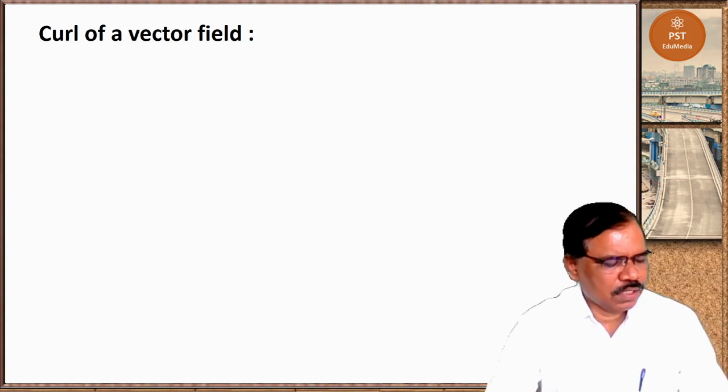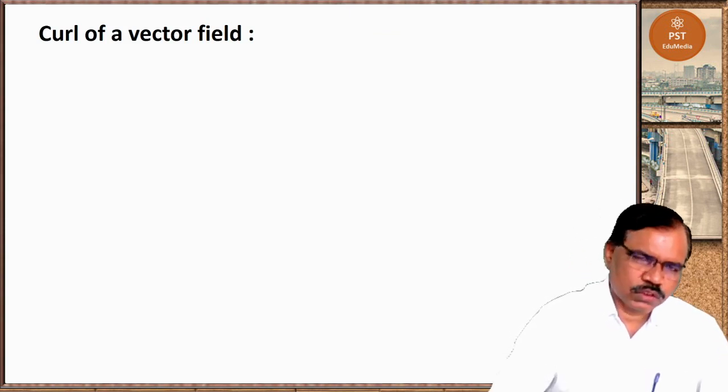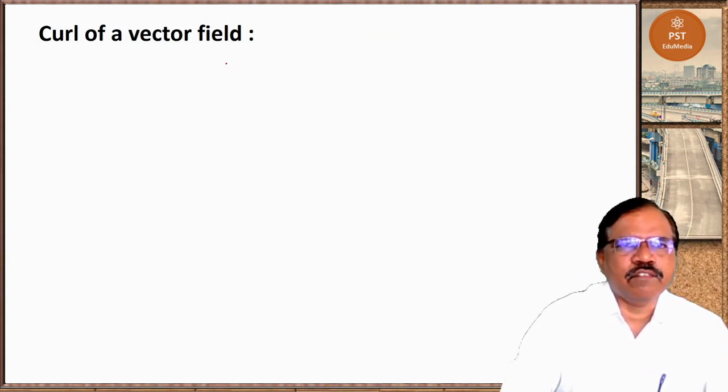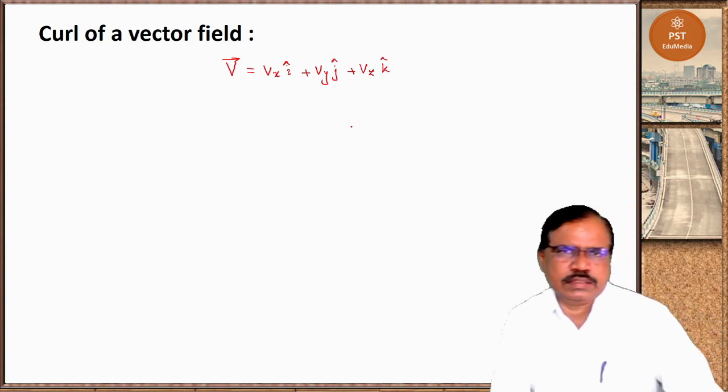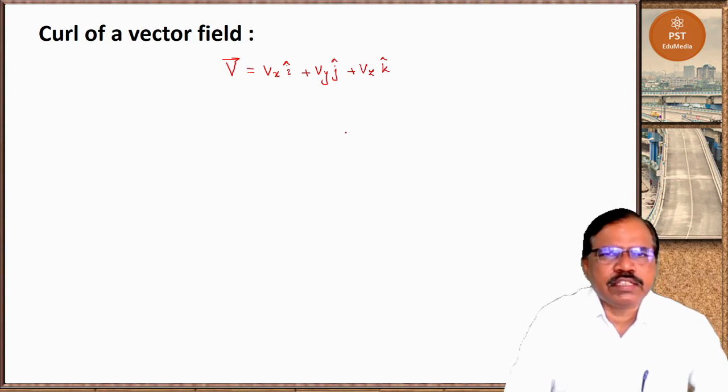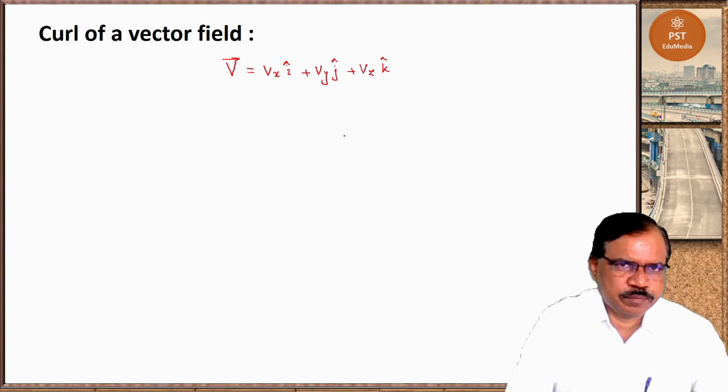Now what is the meaning of the curl of a vector field? Suppose the vector field is denoted by V, and we can write this vector field as Vx i plus Vy j plus Vz k in the rectangular coordinate system, where Vx, Vy and Vz are components along the x, y and z axes.